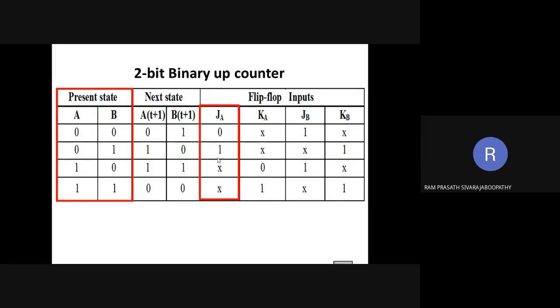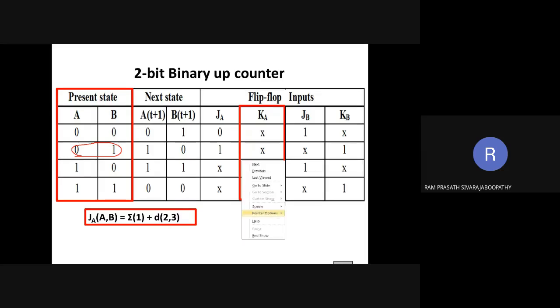See for which combination 1 has come. Only for 0 1. Correct? Then see which combinations have don't care: 1 0 and 1 1. So how will you write the minterms? Sum of 1 plus don't care terms 2, 3. Very good, Sabrish. Okay, kindly type it for KA.